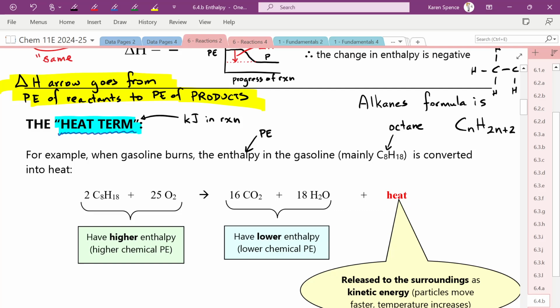So when we burn gasoline, obviously, we convert the potential energy, the enthalpy, into heat, which we can think of as the kinetic energy. So we think of enthalpy as the potential energy, and we think of heat as the kinetic energy. Neither of those are very good definitions for enthalpy nor heat, but that's okay. We're going to pretend.